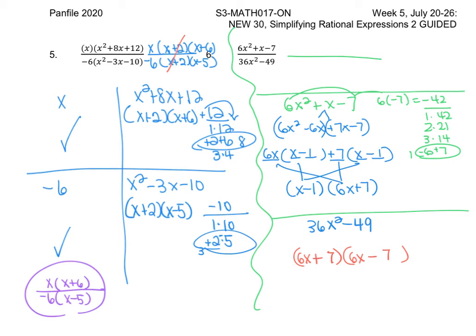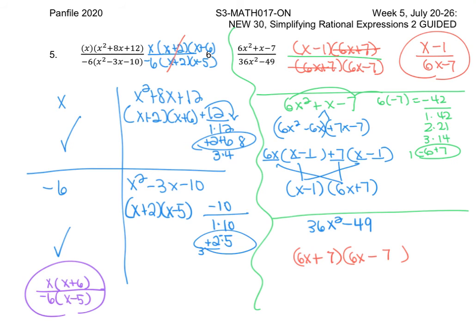So on our top piece, we have x minus 1, 6x plus 7. In our bottom, we have 6x plus 7, 6x minus 7. The 6x plus 7s cancel out, and it leaves us with x minus 1 over 6x minus 7. And we are all done.